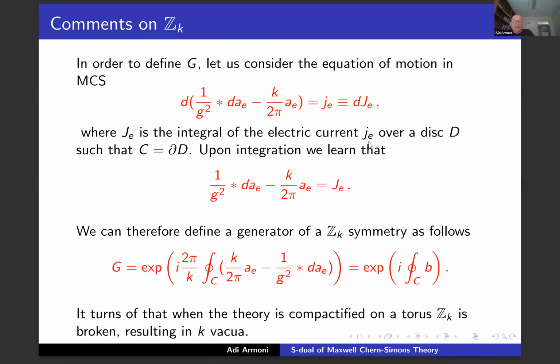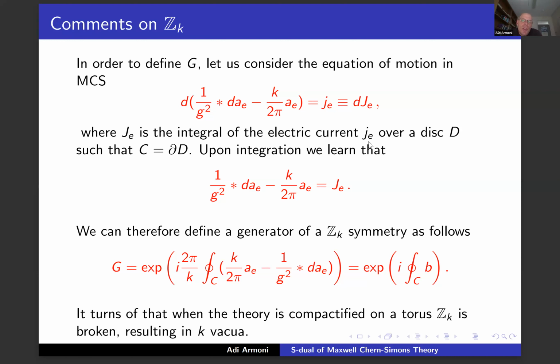It's not so difficult to define this G. First of all, what I'm using is just the equation of motion of the electric theory, the equation of motion of Maxwell-Chern-Simons.